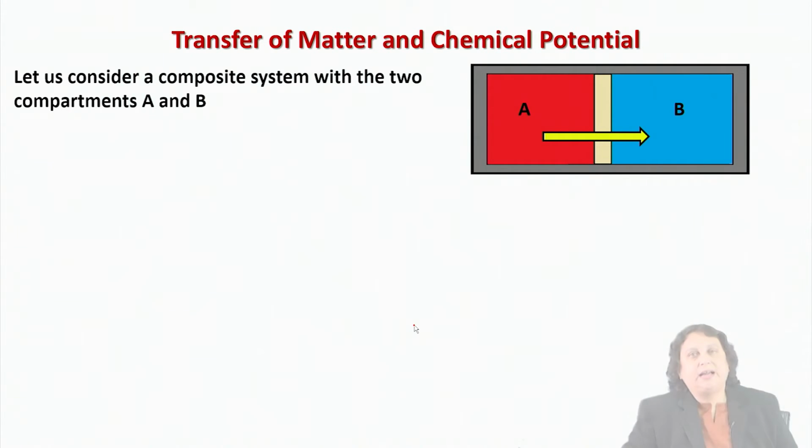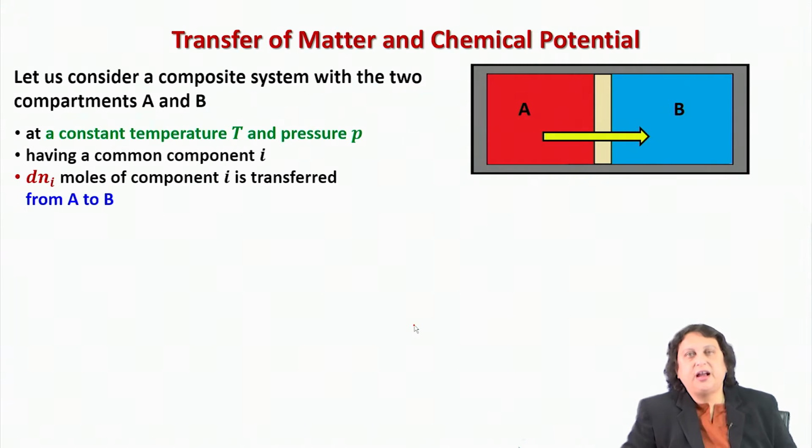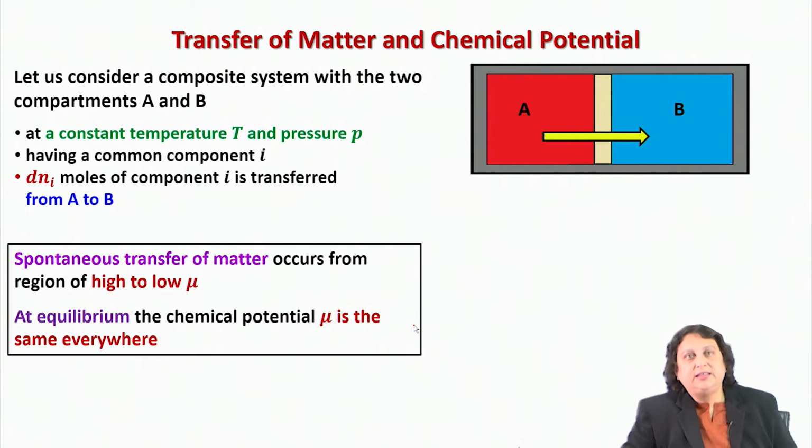We have already seen that if I have a composite system with two compartments A and B, then under the condition of constant temperature and pressure, if there is a common component between A and B, and if I allow this component to be transferred between these two compartments, then the spontaneous transfer of matter occurs where the chemical potential mu i of this component goes from a region of high value to a low value, and when equilibrium has been achieved with respect to matter flow, then the mu i value will be the same all throughout this composite system, irrespective of whether I'm looking at compartment A or compartment B.